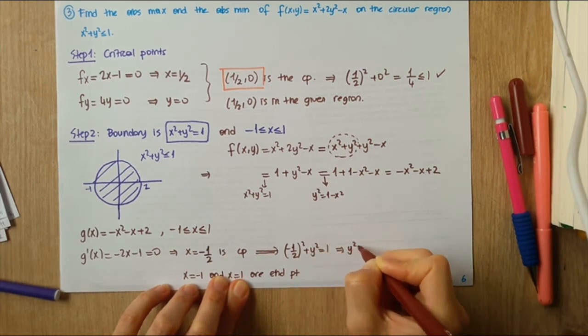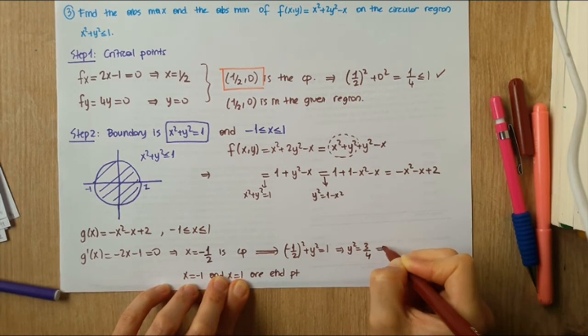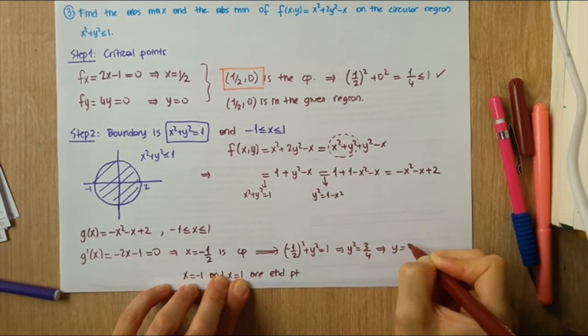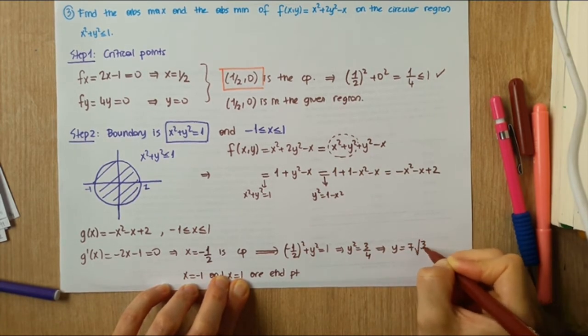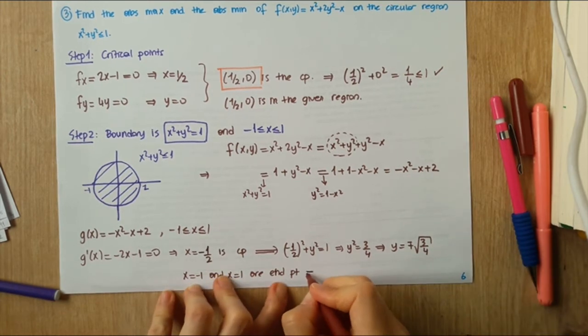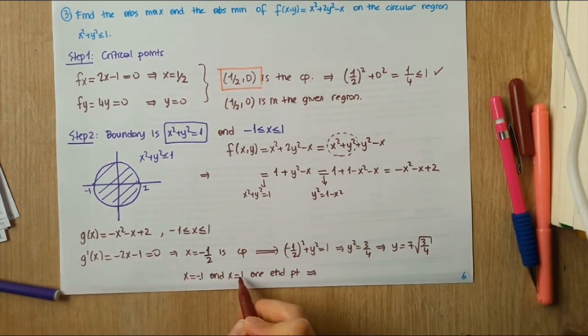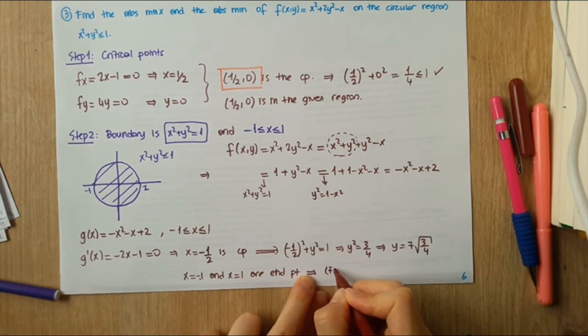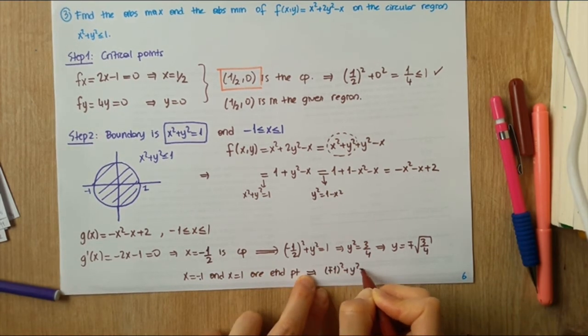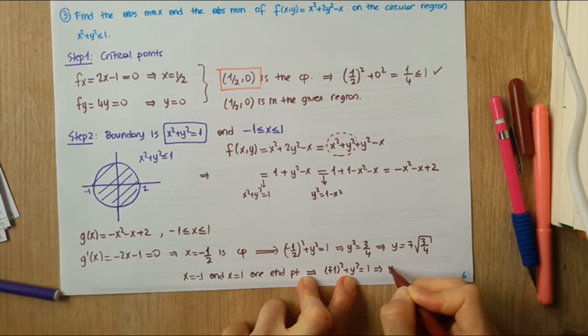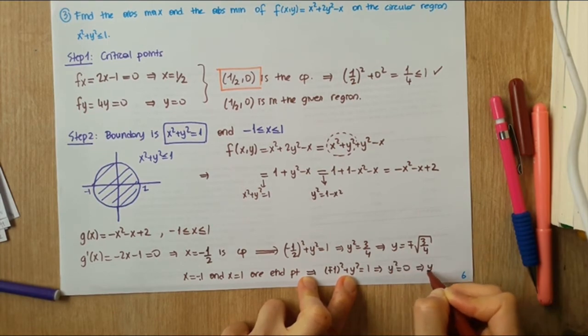So y squared equals 3 over 4, which means y is plus or minus the square root of 3 over 4. If you substitute x equals 1 or x equals minus 1, you obtain plus or minus 1 squared plus y squared is 1, so y squared is 0, so y is 0.